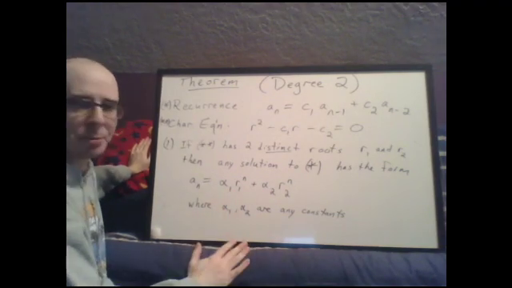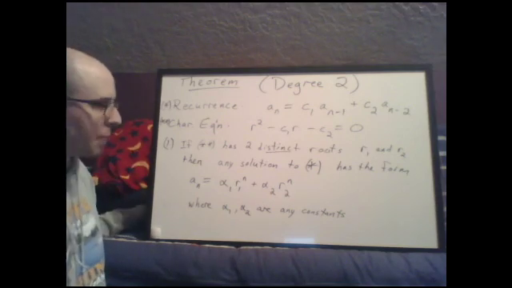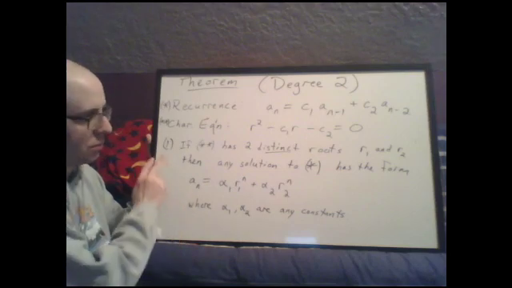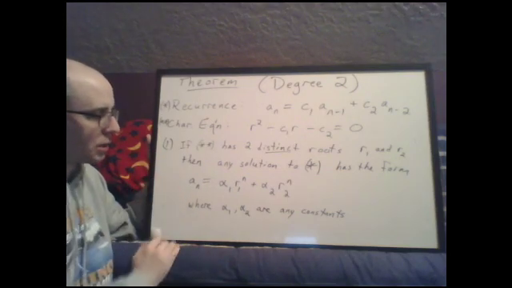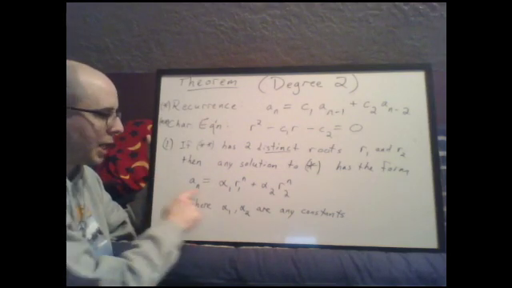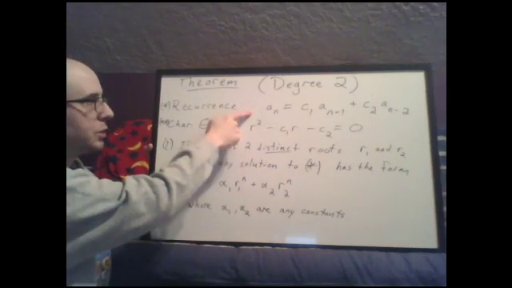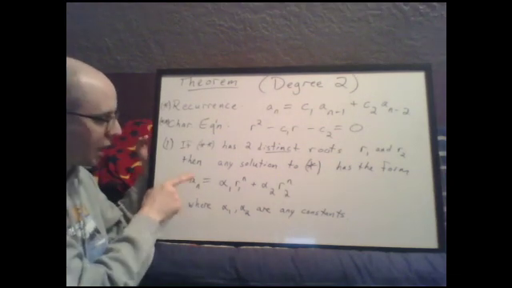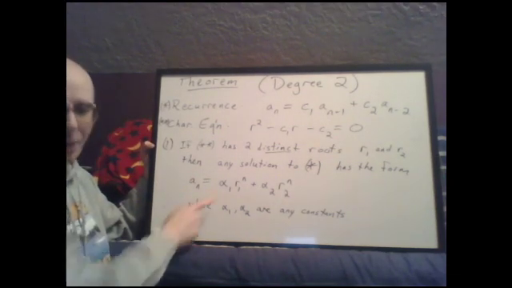Okay, we'll do examples eventually for that. But there are two subtle parts to this statement. One is anything of this form is a solution to the recurrence, and every solution to the recurrence can be written in this form.